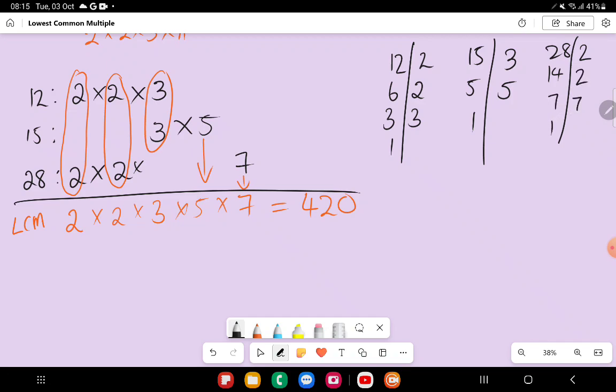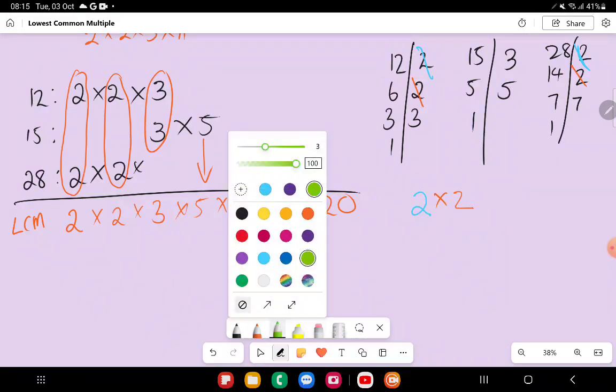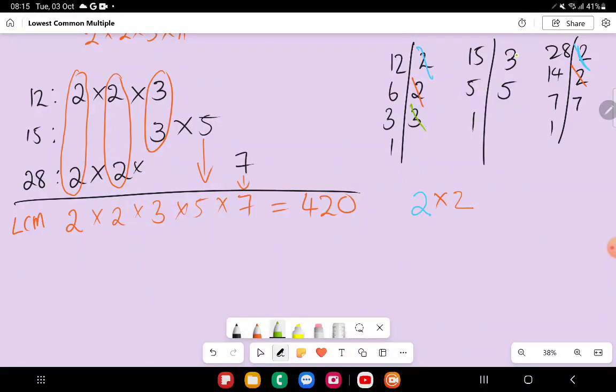Now, if I was to use the ladder method to do the exact same thing, I would start by canceling out. I'd say, okay, 2, it's that 2, no 2s here, that 2 canceled out. Then I'm going to write 2 again, that 2 and that 2. Then I'm going to do 3, 1, 2.